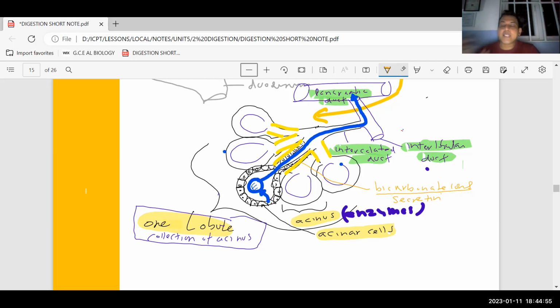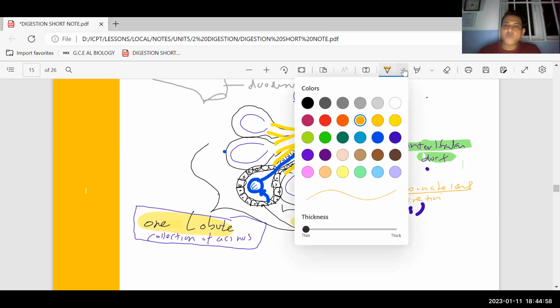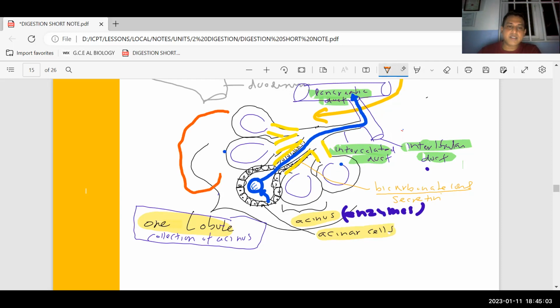Okay. There is another very important area, we can find it like this, and it is again a collection of cells. But they are not connected with the pancreatic duct.